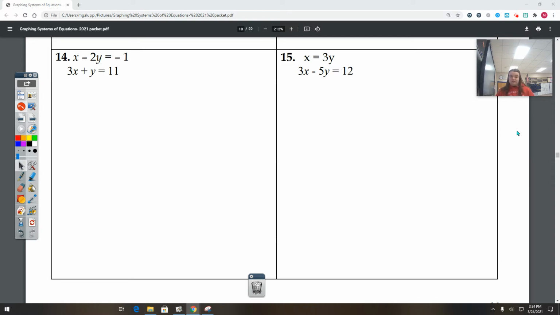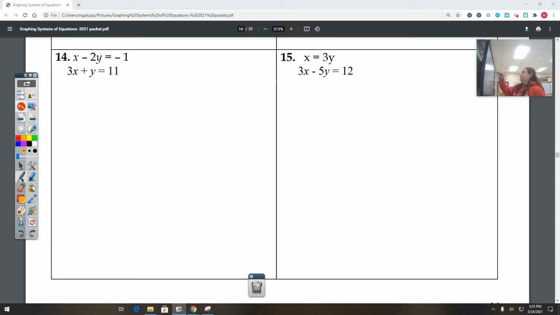They each have something else on that side, which means I need to solve one of my equations for x or y first. It doesn't really matter which one you do, but I will take the top one and solve for x just because I see I have just an x there instead of the 3x down below. You could also solve the second equation for y. That would be about the same level of difficulty as well.